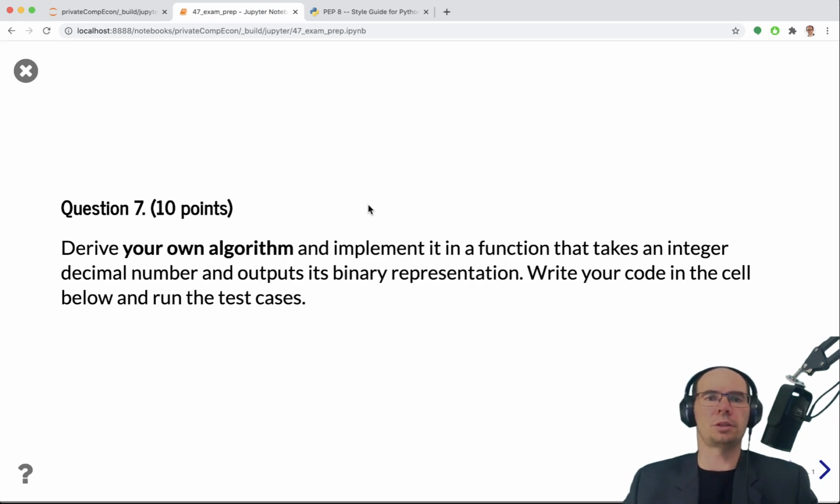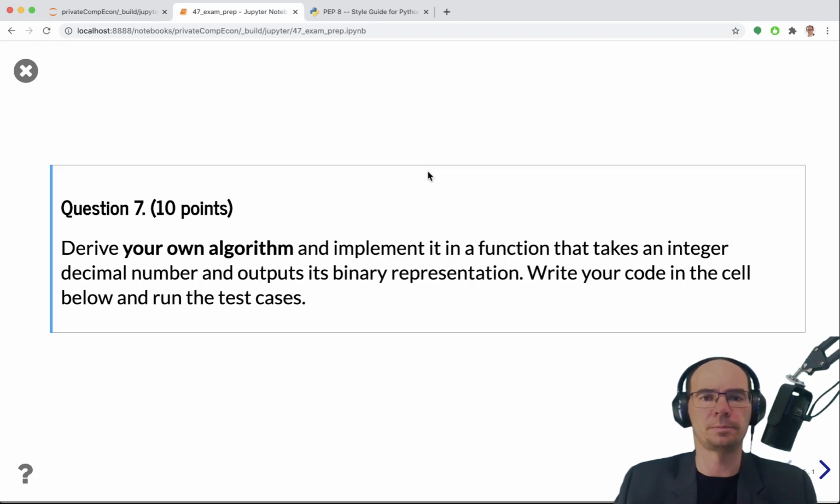Okay, moving on to a 10 points question. Here's one. Derive your own algorithm and implement it in a function that takes an integer decimal number and outputs its binary representation. Write your code in the cell below and run the test cases. So we need to write some code here.